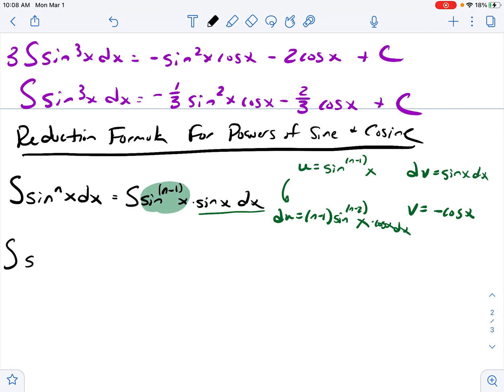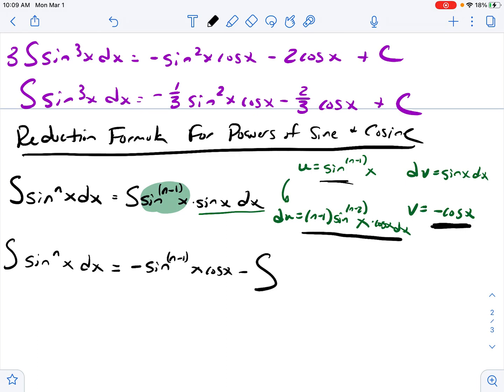Bear with me. We get the integral of sine to the nth power of x equals, okay, we've got u times v. I get negative sine to the n minus 1st power of x cosine of x minus the integral of v du, which is this mess. Now look, this is going to give us a cosine squared when we multiply.